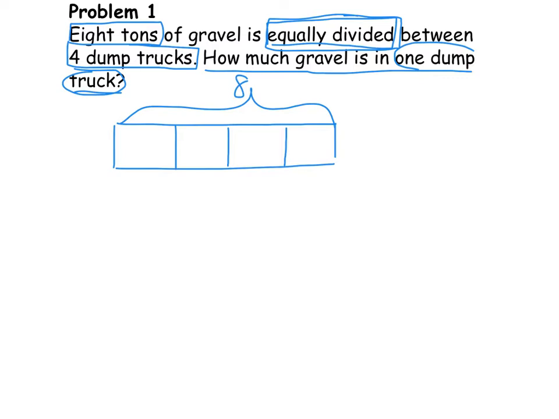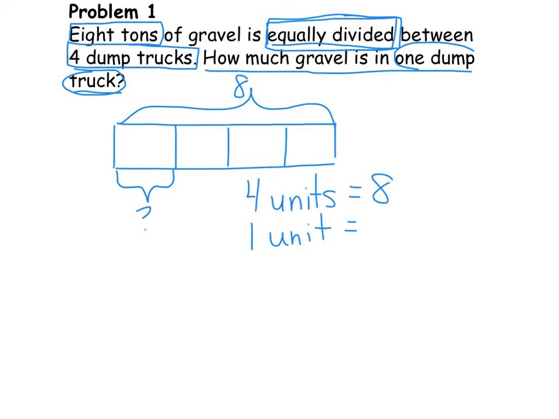So I have to figure out how much gravel is in one dump truck. So this is what I know. I have 4 units, which is equal to 8. I need to figure out 1 unit, but I don't know what that's going to equal yet.